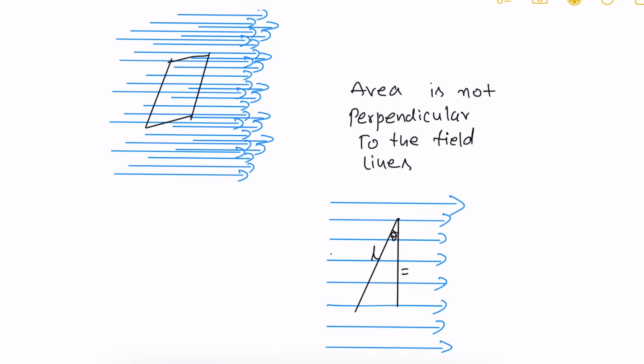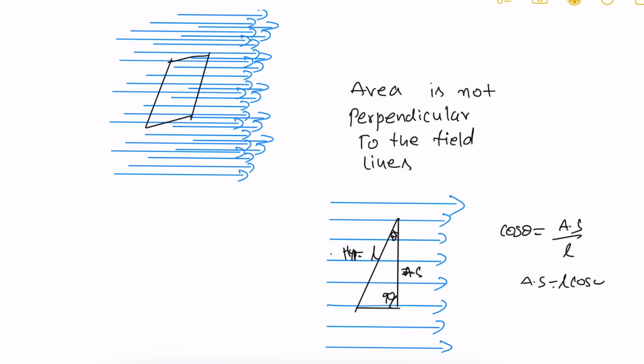Suppose now I join this one, so I get a right angle triangle. You know that in a right angle triangle, opposite to 90 degrees is the hypotenuse. So here the hypotenuse is L. I want the adjacent side. You know what cos theta is? Adjacent side by hypotenuse. What is the hypotenuse here? L. So what is the adjacent side?